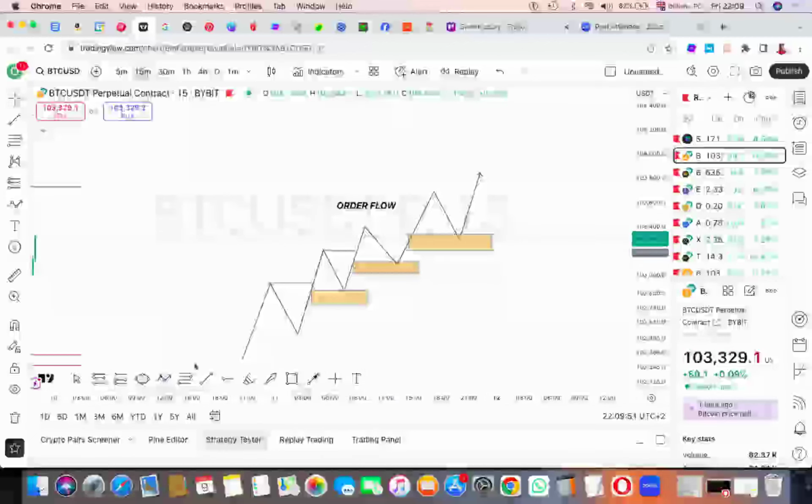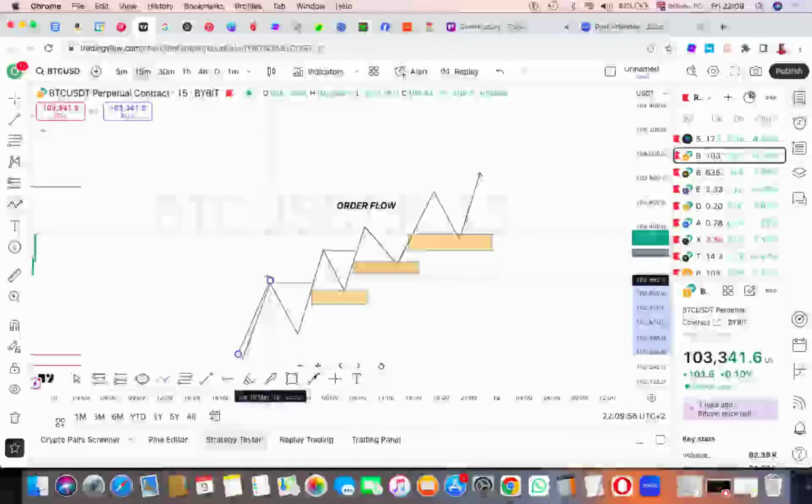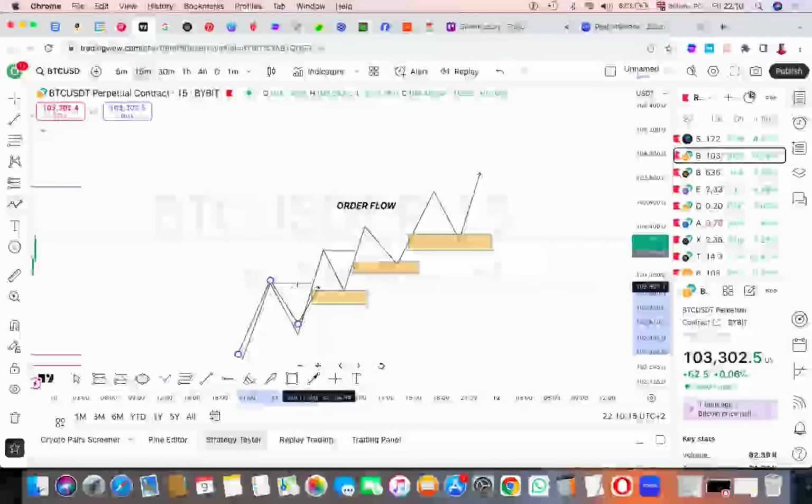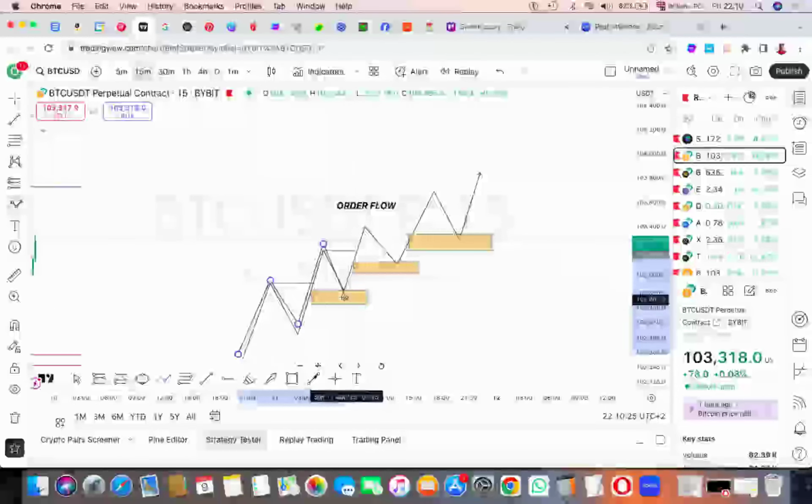What we are having here is an impulsive move to the upside, and a pullback leg, which creates higher lows and a higher high, breaking structure from here and creating a new high. Once it breaks the higher high, we have a break of structure. Before another structure breaks up, we have an impulsive move coming to pick orders from our order block, our OB level.